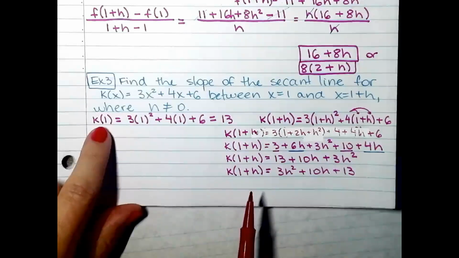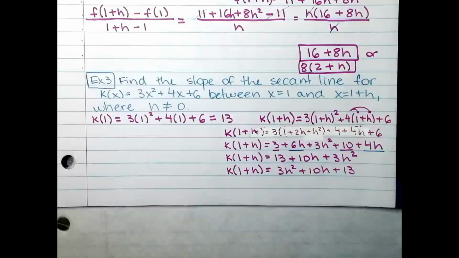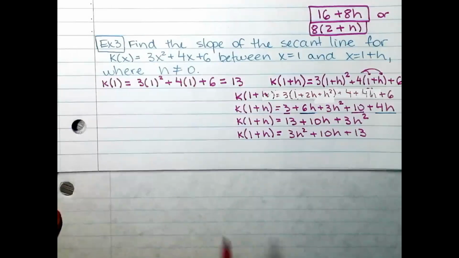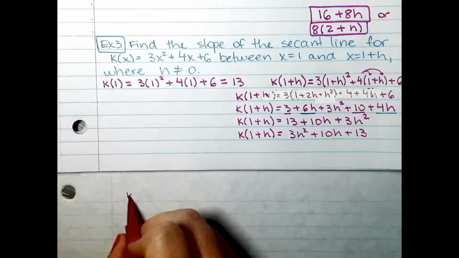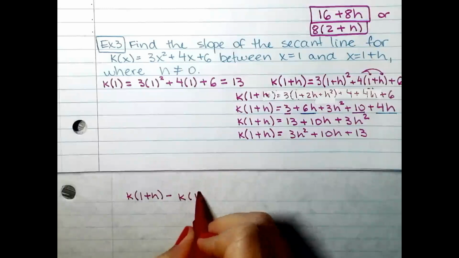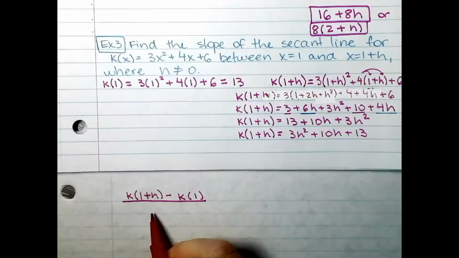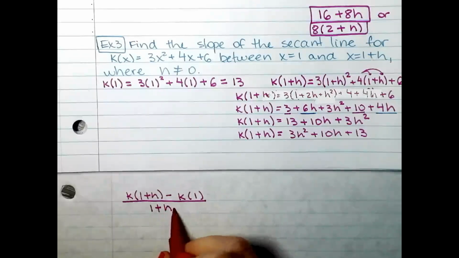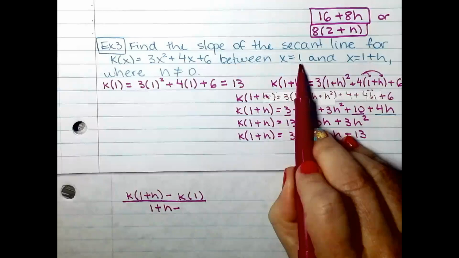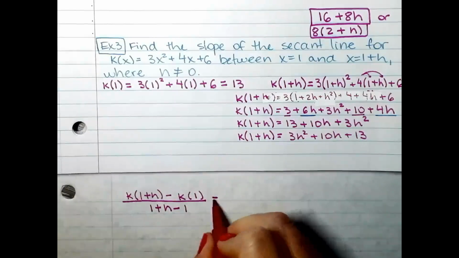Okay, now I have k of 1 and k of 1 plus h. See, I knew my extra piece of paper would come in handy. Okay, so I have k of 1 plus h minus k of 1, everything over 1 plus h minus 1, because it's this one minus this one. It's the b minus a from the original formula.